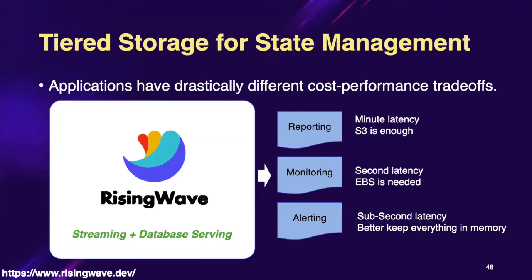If it's an alerting application, we really want the results delivered at sub-second latency, then we probably need to keep everything in memory and EBS, right? So according to the demand from the user, we can use different amounts of resources and storage for their application with as low a cost as possible.